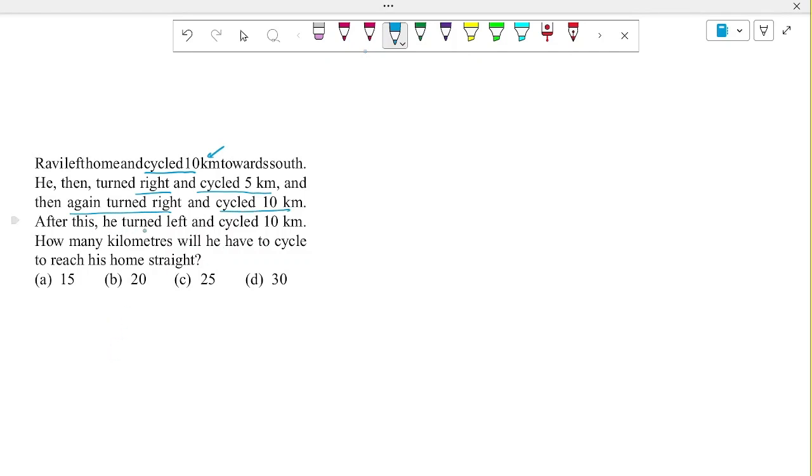After this, he turned left and cycled 10 kilometers. How many kilometers will he have to cycle to reach his home straight? This word is important. So you need to solve this question.